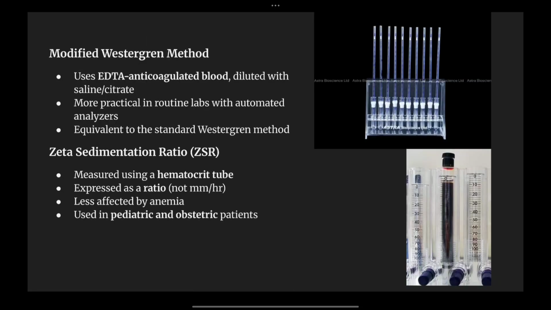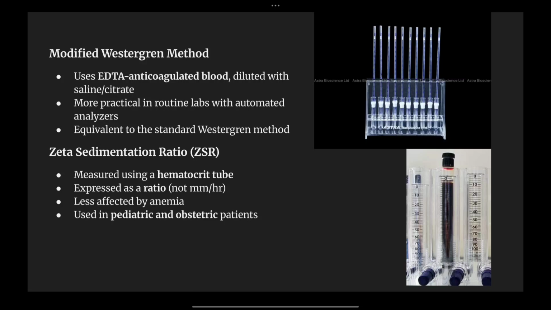Now, modified Westergren method is another method that is a modified form of Westergren's method. Here EDTA is used as anticoagulant, and it is diluted in saline or sodium citrate, and used. It is more practical in routine labs with automated analyzers, so it is conducted in automated analyzers, which is done by the machine.